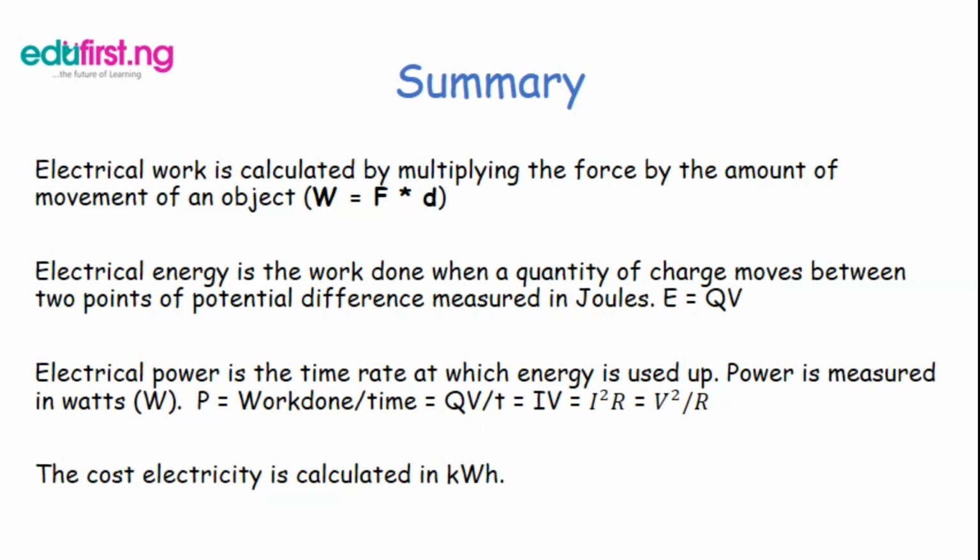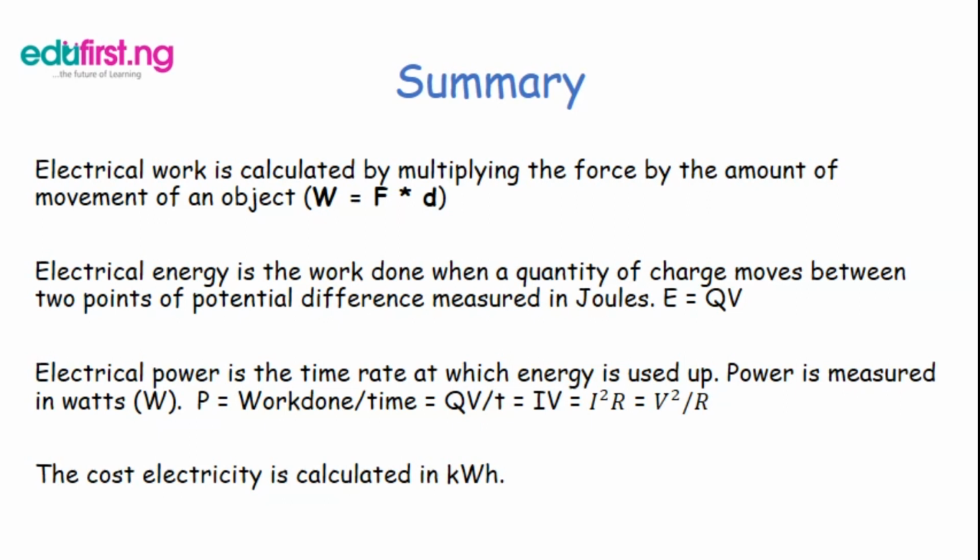Electrical energy is the work done when a quantity of charge moves between 2 points of potential difference, measured in joules. E equal to QV. We have also learned that electrical power is the time rate at which energy is used up. Power is measured in watts.